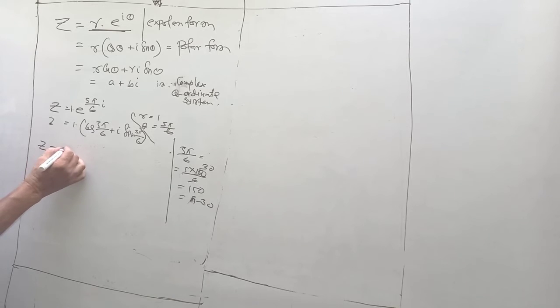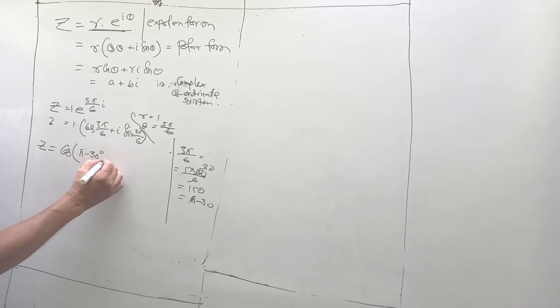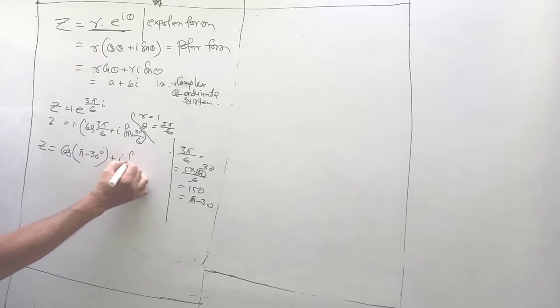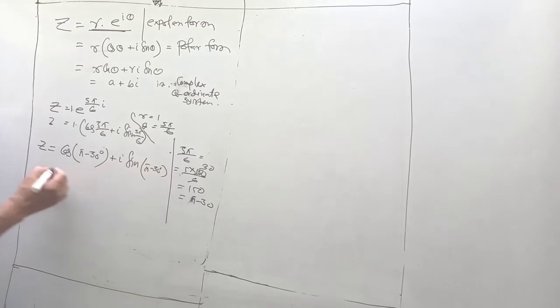Hence we can also write cos pi minus 30 degree plus i sin pi minus 30 degree.